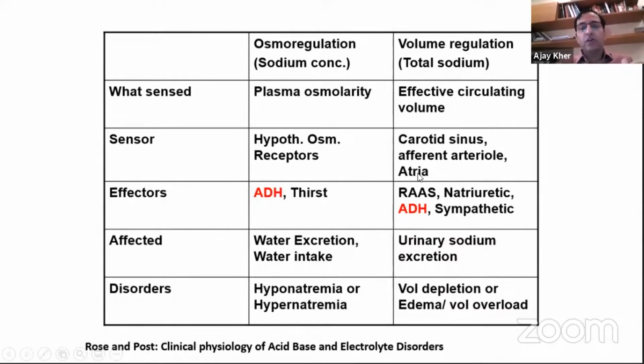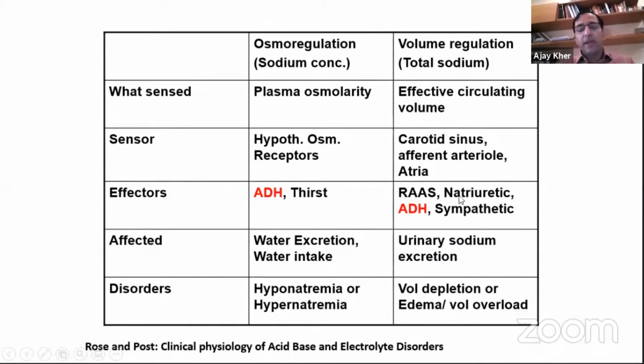In contrast, volume regulation, which is measured as total sodium or effective total sodium in the body, is sensed as effective circulating volume by the carotid sinus, afferent arteriole, and atria. Based on whether the volume is high or low, you will have activation of the renin-angiotensin-aldosterone system or switching it off, natriuretic peptide, sympathetics, and as a last ditch, ADH.